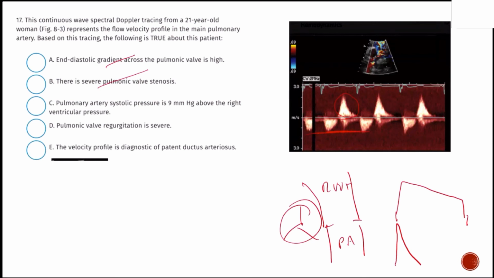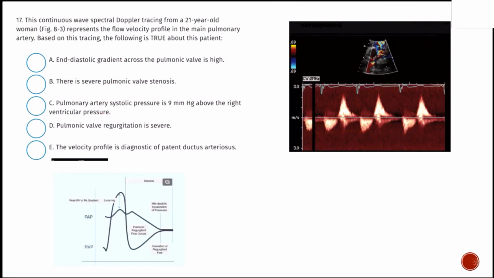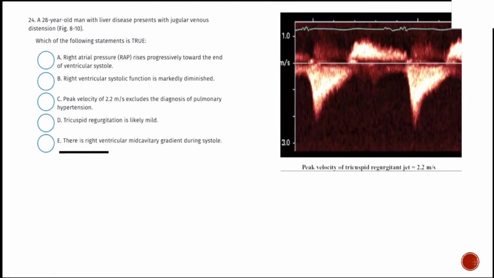Using your pulmonary regurgitant jet, right, was less reliable in getting your PA diastolic pressure. Under which circumstance? Severe regurg, right? So this is just the exact image of the one pitfall that we spoke about early in the lecture. Okay. This is advanced stuff that you probably won't end up seeing on your exams.